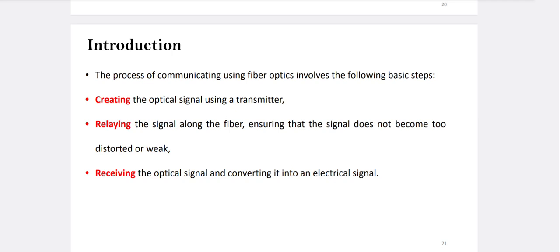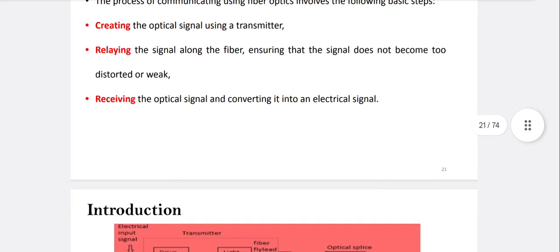In relaying, we ensure that the transmitted signal doesn't get weak or distorted. Finally, in the receiving step, the optical signal is converted into an electrical signal, because on the transmitter side we give the optical signal, that is the light source, as an input, and on the receiving side we have to convert the light into an electrical signal.